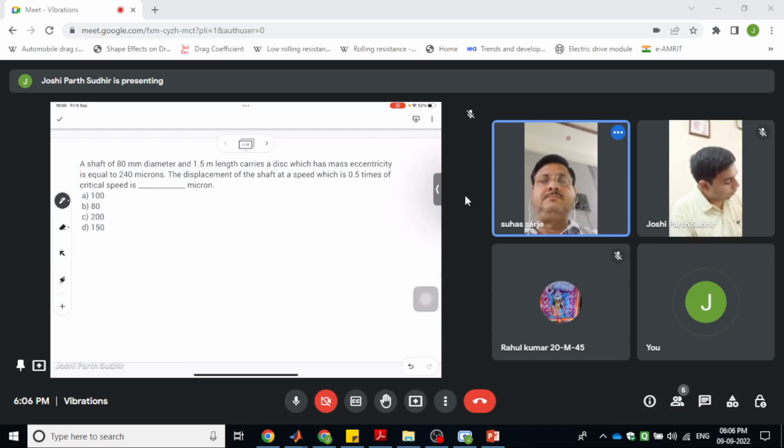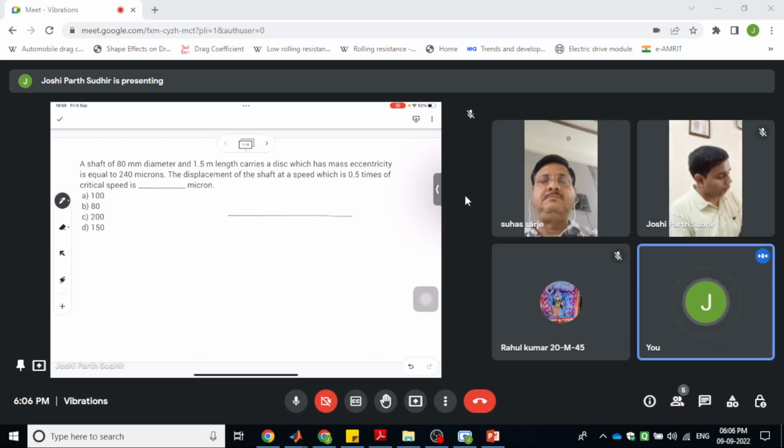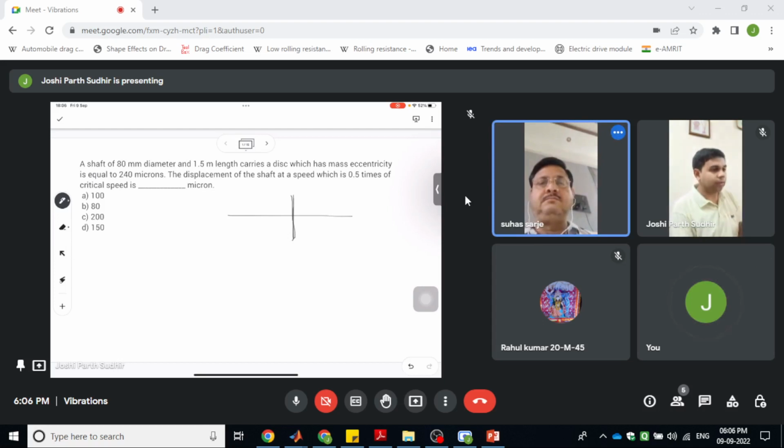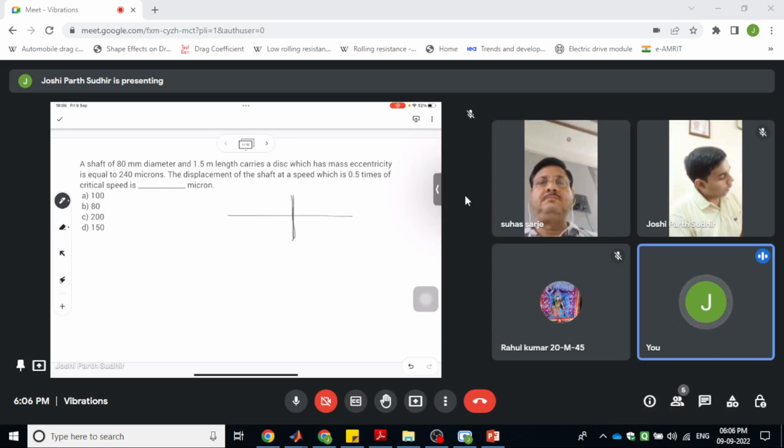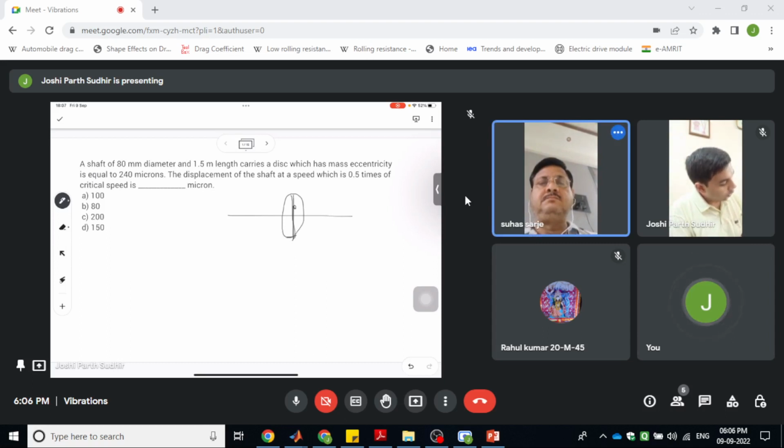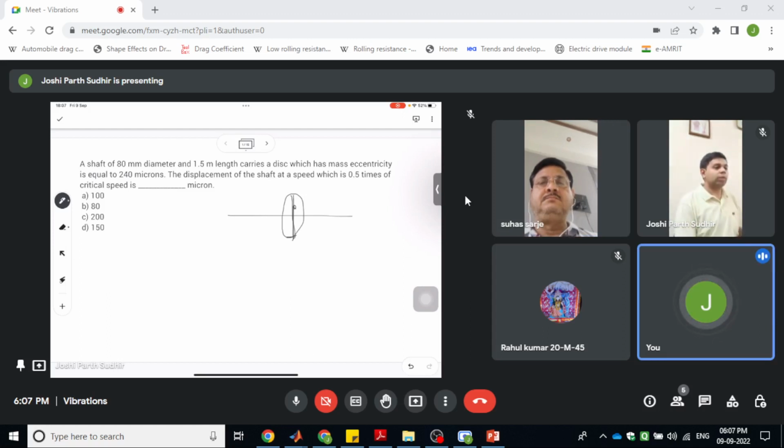Let's say this is a shaft, and let us draw a disc. Let us say some disc, and it has some eccentric mass. Let us say the eccentricity E is given by 240 microns.